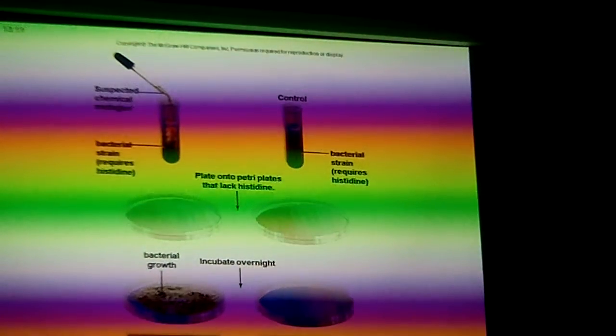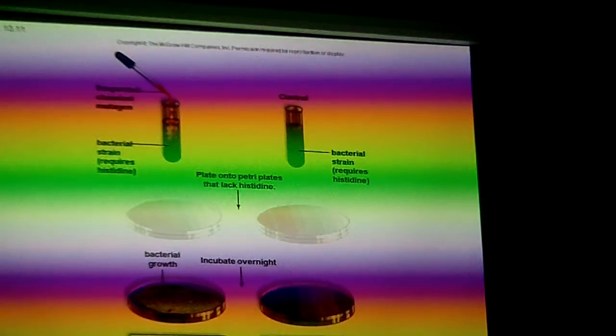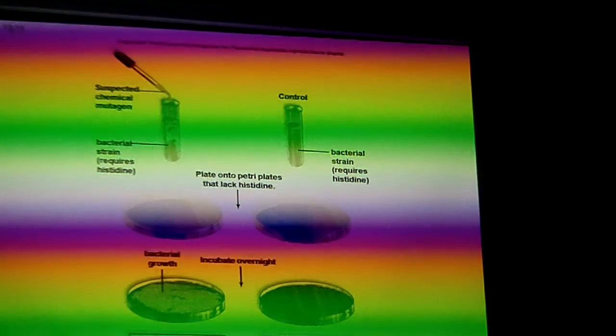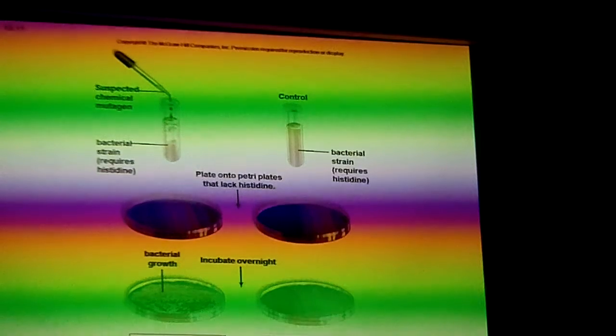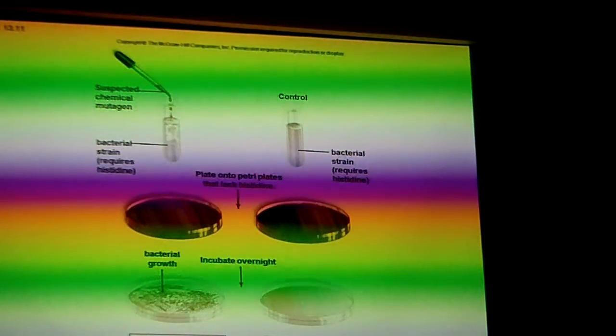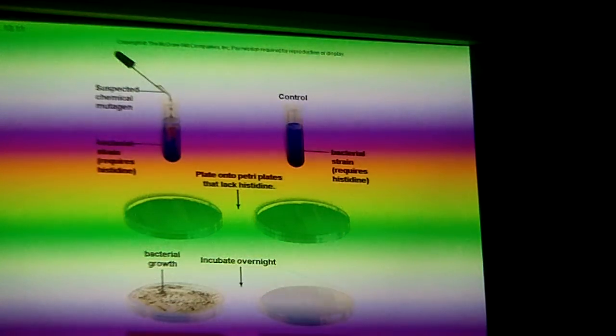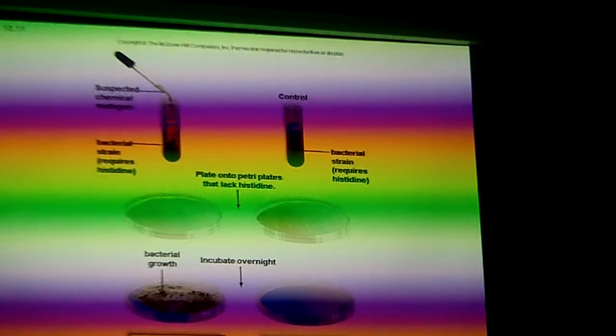Now, normally what happens after the DNA polymerase is finished, there is a proofreading enzyme that goes around and checks to make sure everyone is correct. And it just goes along and checks. But even the proofreading enzyme can mess up every now and then.